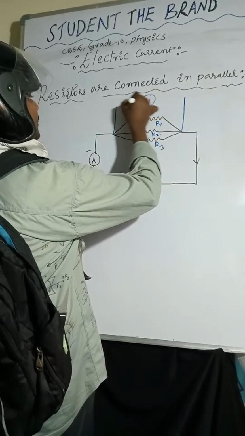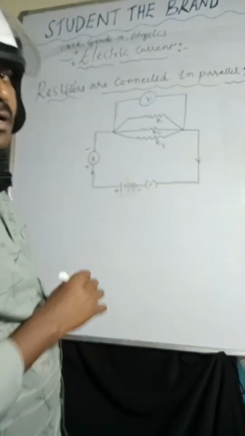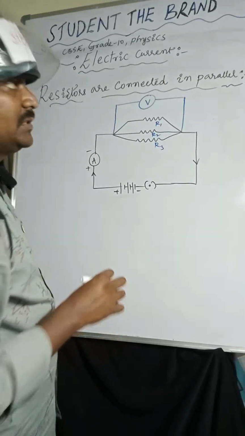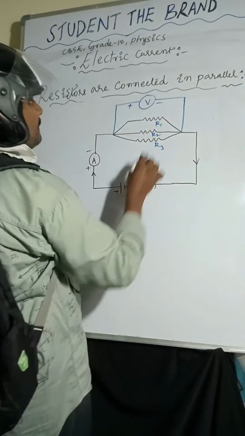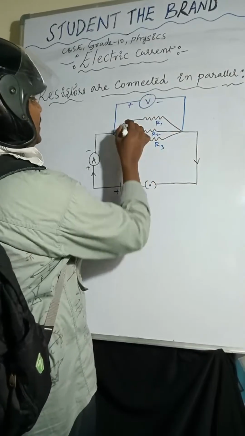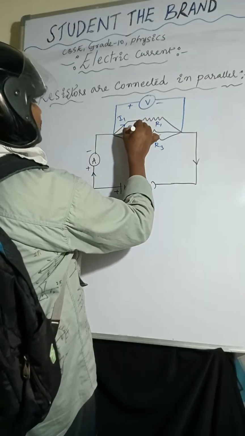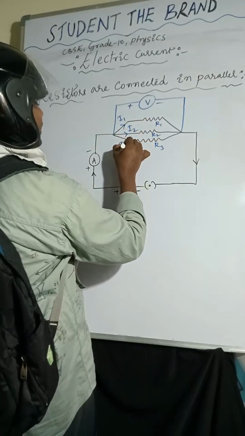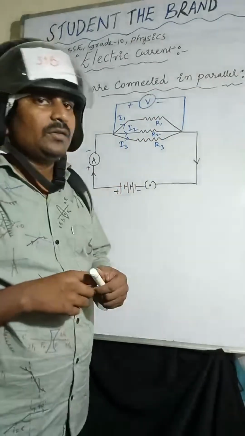V is the potential difference. Current is flowing across R1, R2, R3: I1 through R1, I2 through R2, I3 through R3.